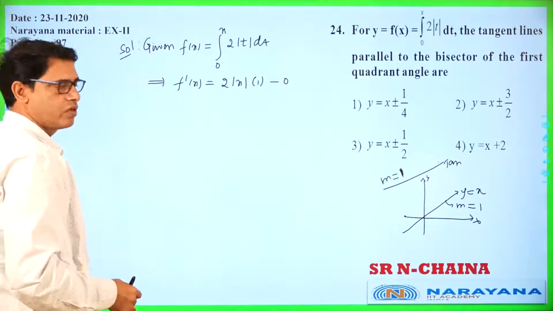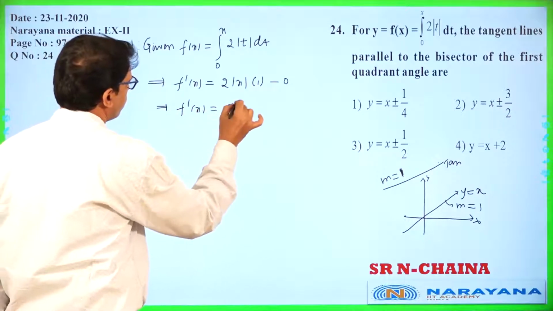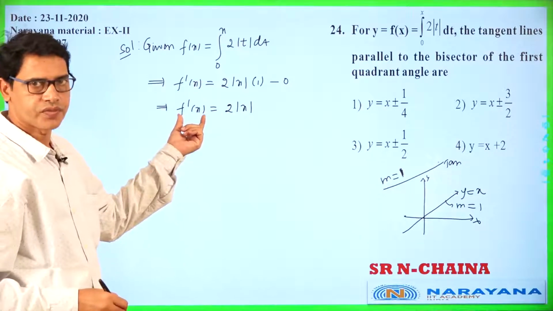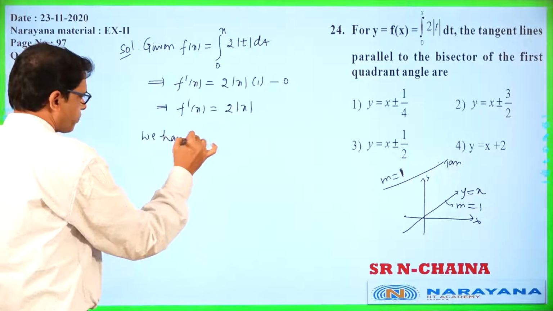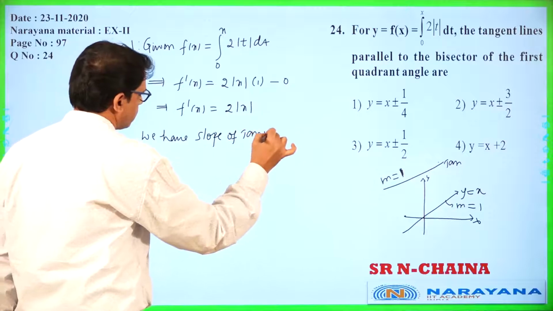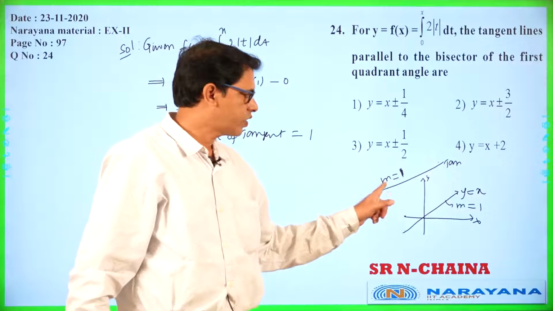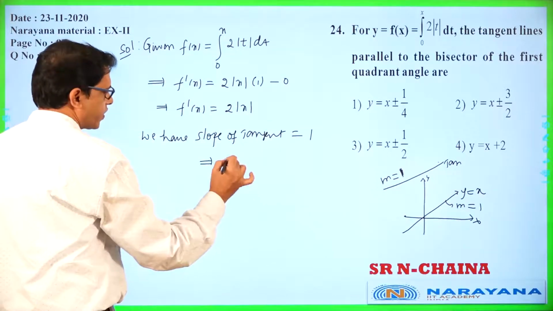So f dash of x equals 2 into mod of x. f dash is nothing but the slope of the tangent, which equals 1 because it is parallel to this line. So f dash of x equals 1.